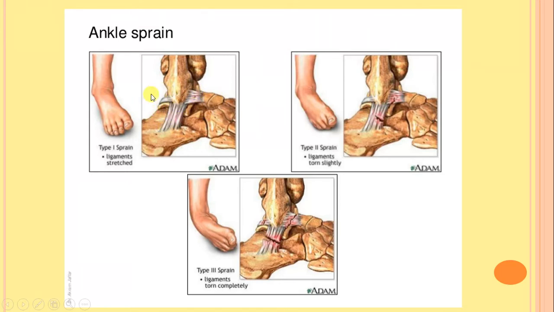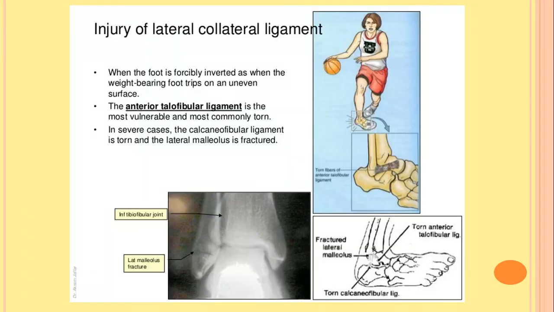The first type, and sometimes the second type too, can be treated conservatively, but for the third type there is a complete tear, so that needs surgical repair. So these are the three types of ankle sprain.